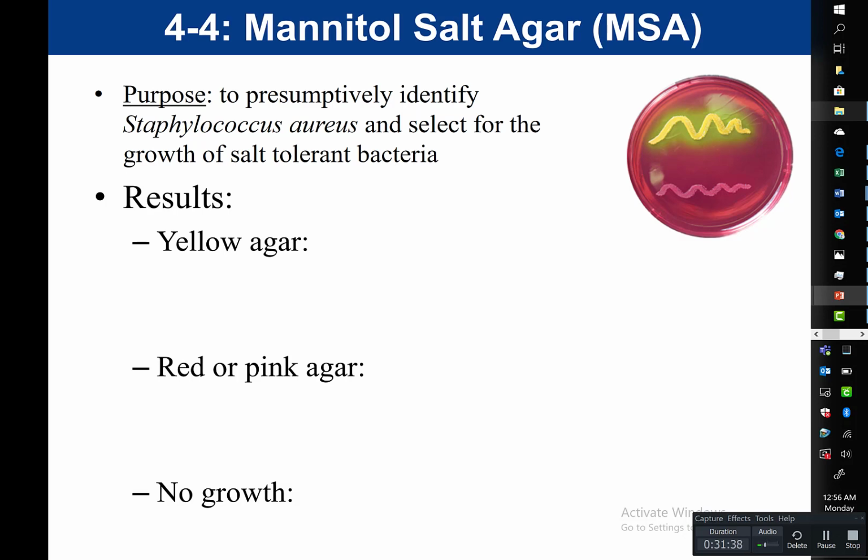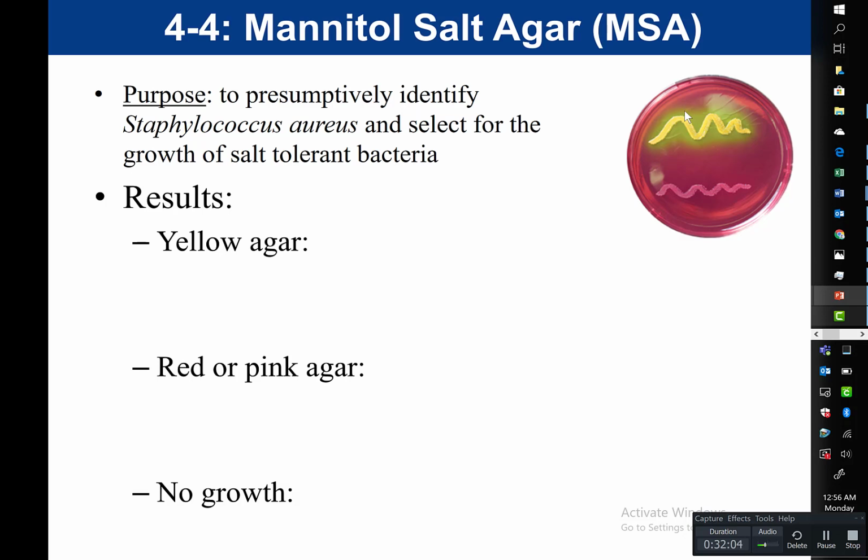So if you look at a plate of MSA, you can see that on the top of that plate, we have our yellow. And that yellow in the agar, remember, let's talk about a few things about this plate. So again, any bacteria that grows on this plate, we know has to be osmotolerant because we have a selective ingredient on the plate.